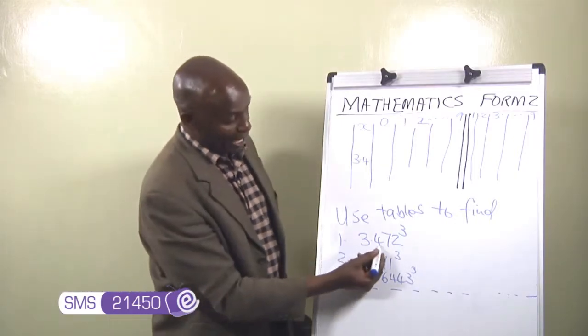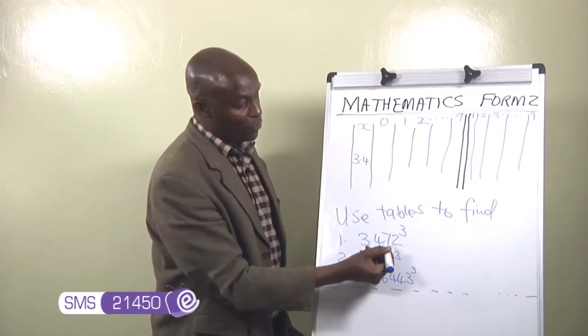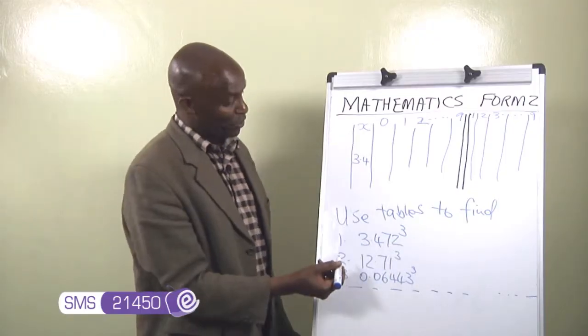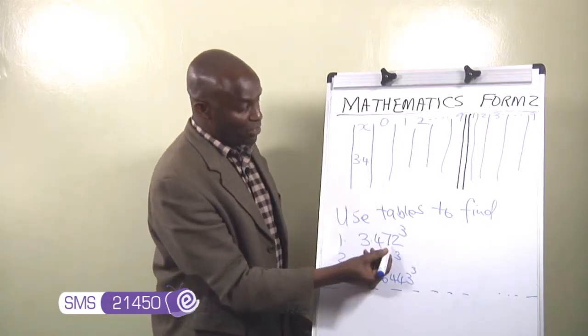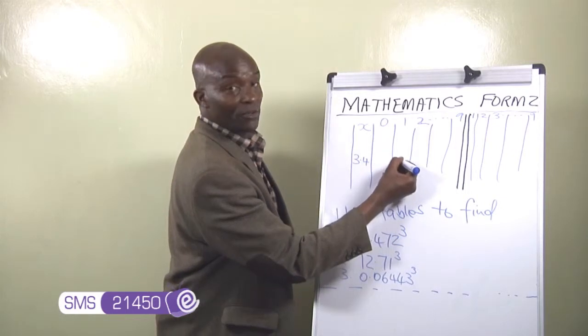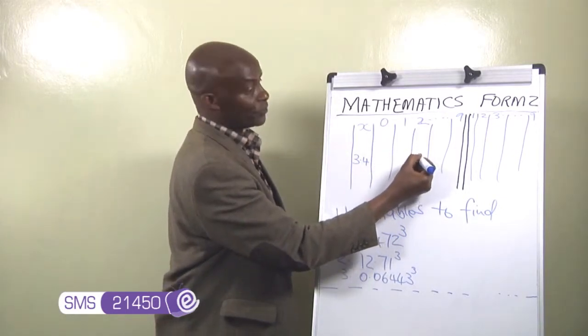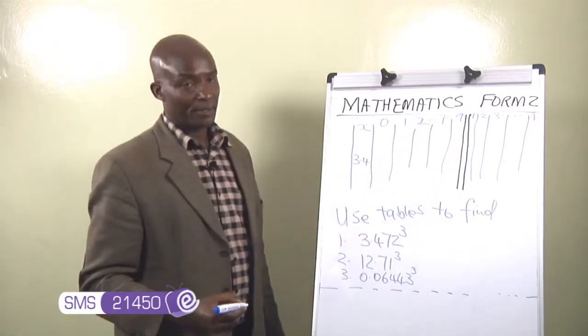So if we look at our number, it is 3.472. So far we have 3.4. Now we need to find 7. So we move along this row to major column 7.